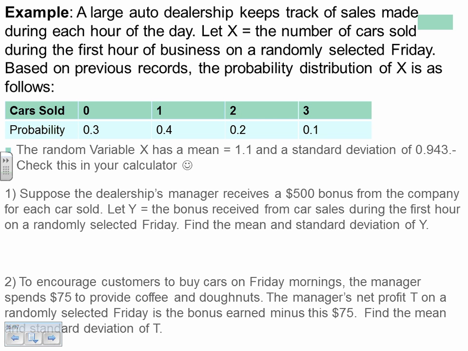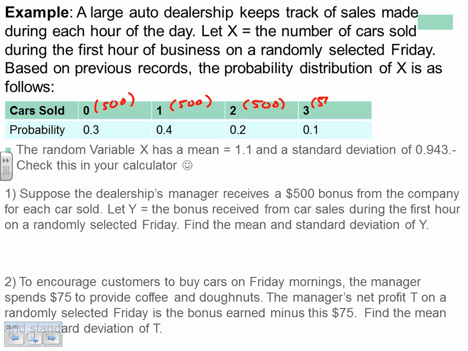All right, so number 1 now says, suppose the dealership manager receives a $500 bonus from the company for each car sold. Let Y equal the bonus received from car sales during the first hour on a randomly selected Friday. Find the mean and the standard deviation of Y. So if you're getting that for each car sold, basically I'm going to multiply however many cars sold times 500.